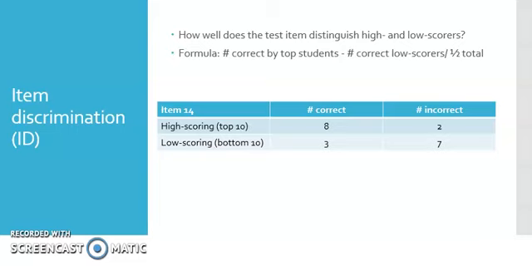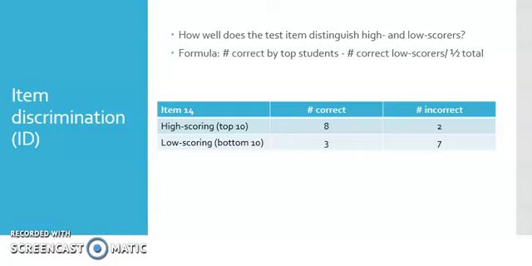This formula is just a little bit more complicated, but not much. You split your learners into 3 groups. Let's say you have 30 students. You're going to split it into the top third, which would be 10 students, the middle third, which would be 10 students, and the bottom third, the bottom 10.